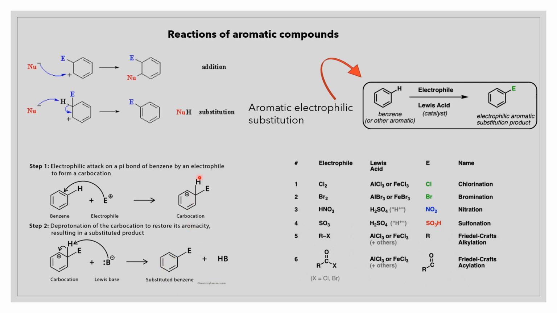So this is the mechanism of electrophilic substitution reaction, and you are having two steps. In the first step, the electrophile will be added, resulting in the formation of a carbocation. In the next step, a proton from the carbocation will be abstracted by the base to form the final product.